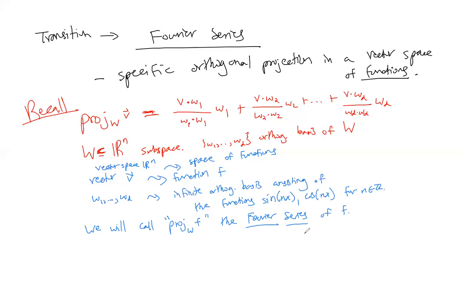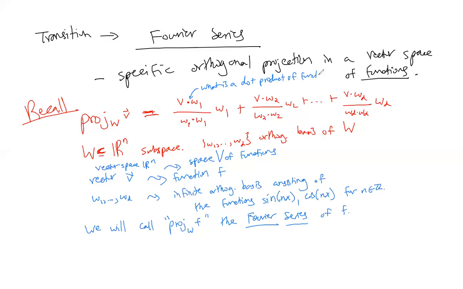All right, so let's elaborate a little, because we're going to need to define some things. One, we want to define what our vector space is. So our vector space is going to be some V. And in that vector space of functions, we need to define what it means to have this dot product. What is a dot product of functions?